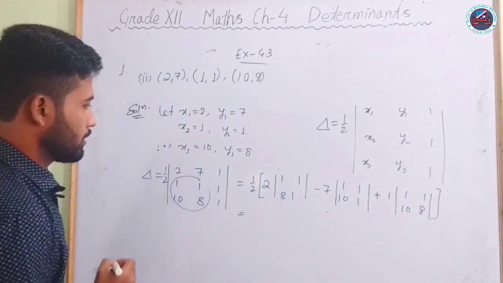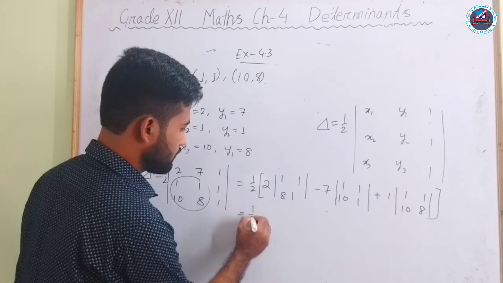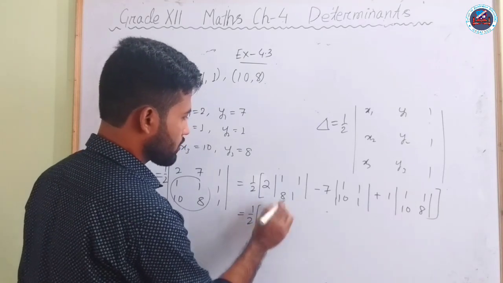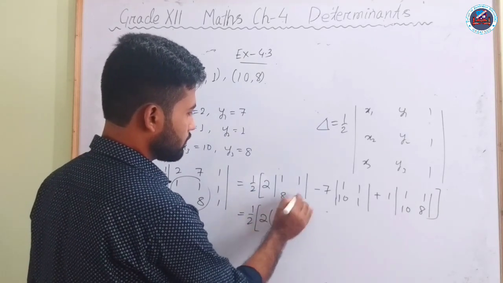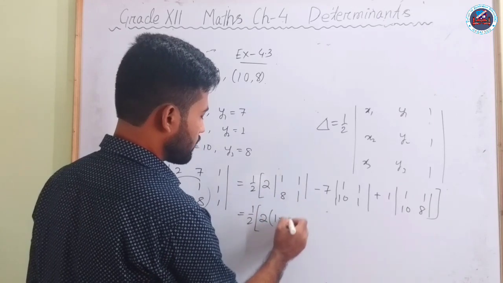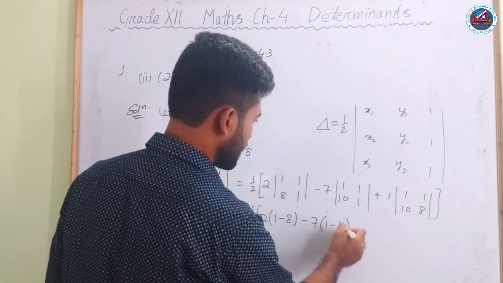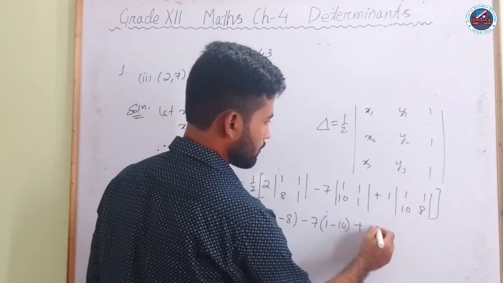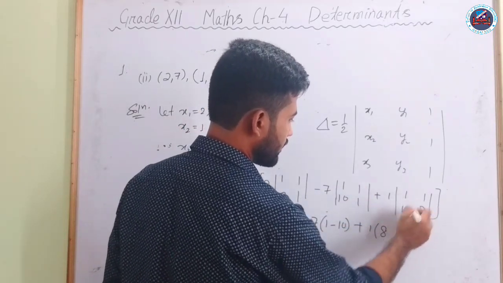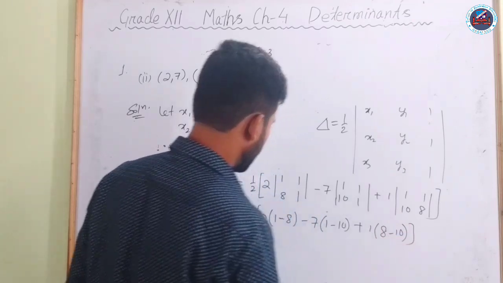Okay, so here write the half. So this will be 2 into 1 minus 8, minus 7 into 1 minus 10, just cross multiply both, plus 1 into 8 minus 10 into 1, with a negative sign.